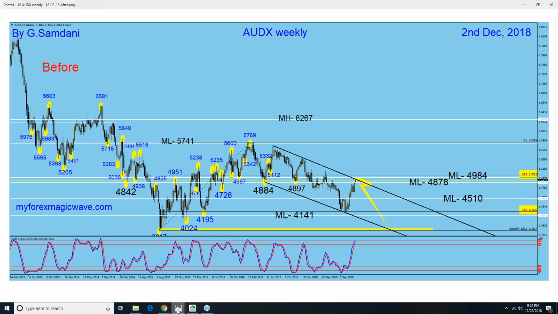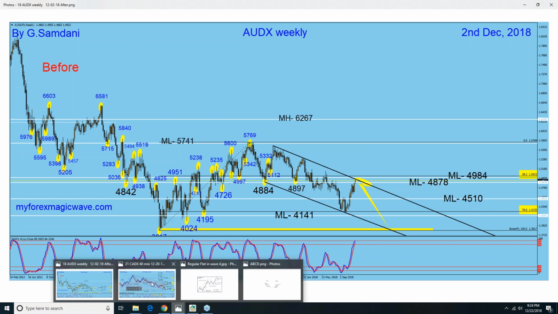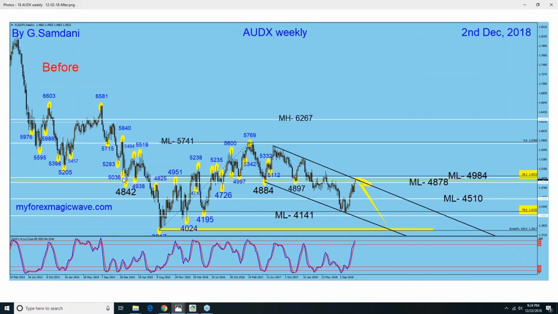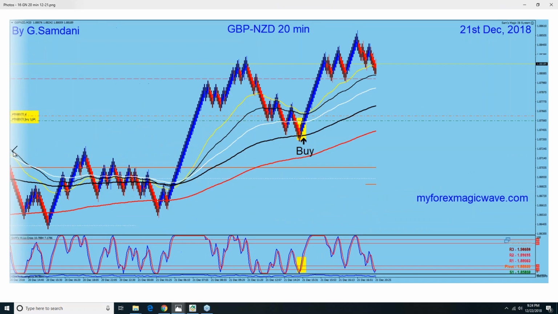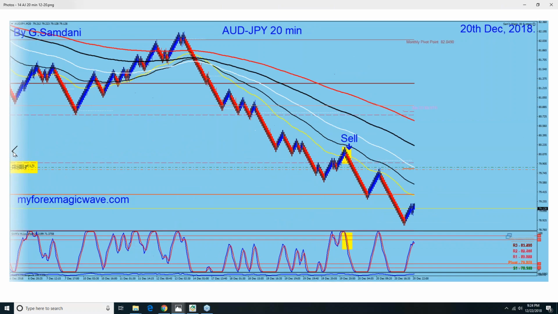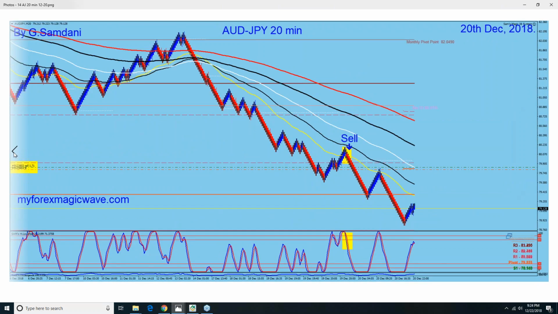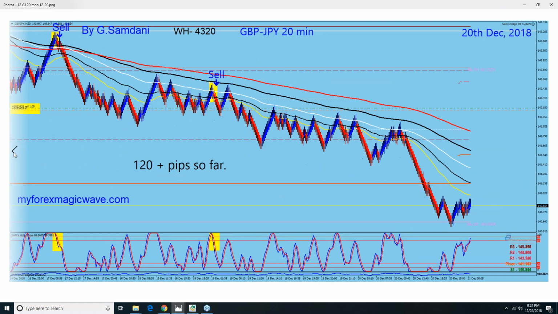So I'm going to give you an example, and I'm going to show you what I really did, just to show you, based on that chart. Look, see, AUD/USD short, right? AUD/JPY short, and all the Yen pairs are short because the Yen also was getting strong.